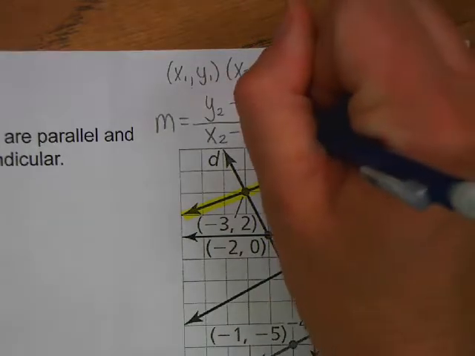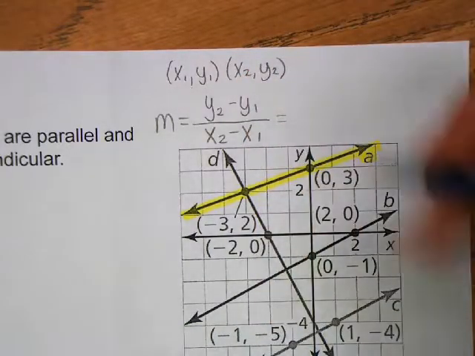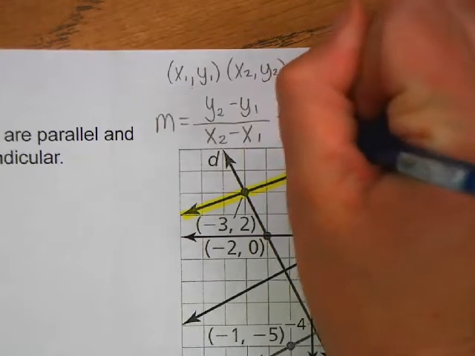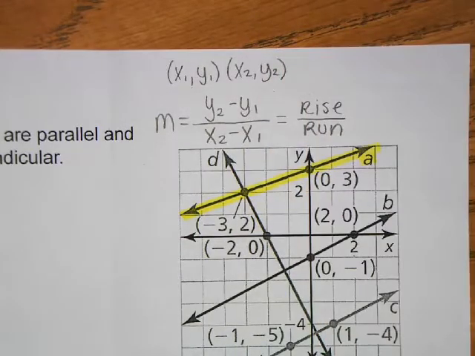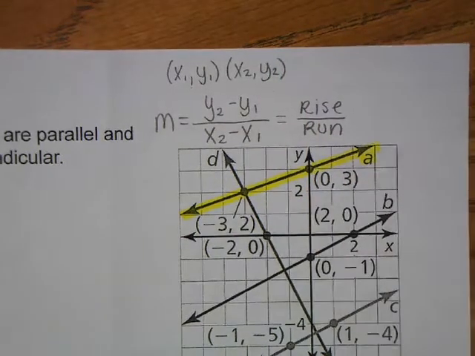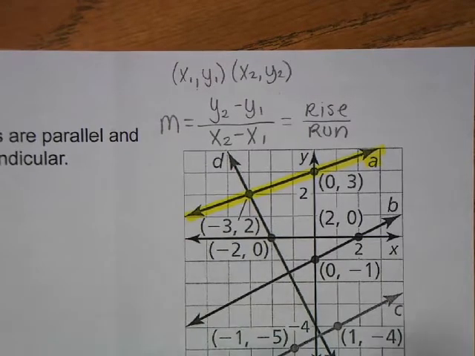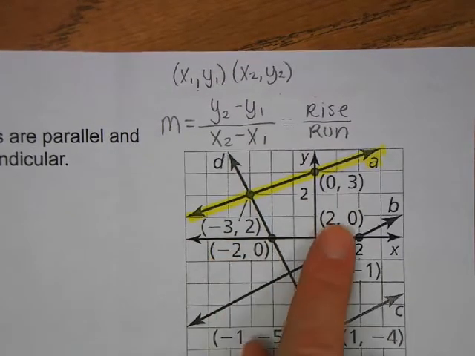The other thing you could do in the coordinate plane is use rise over run. I'm going to do both methods so that you can see that you get the same answer no matter what.